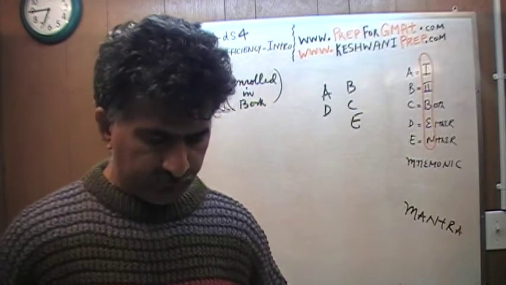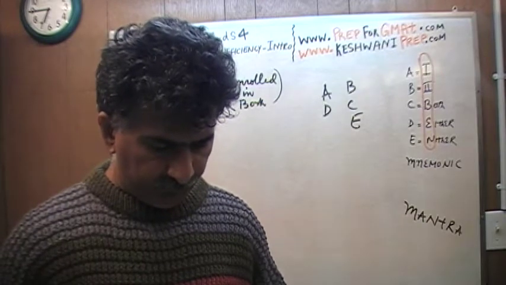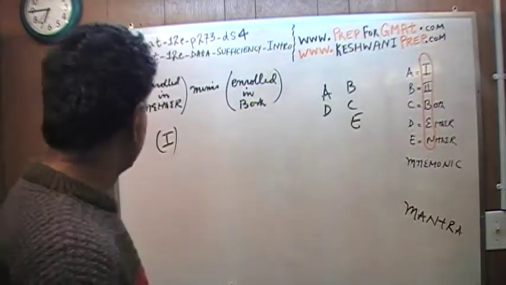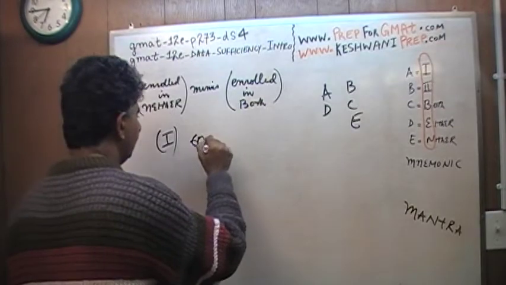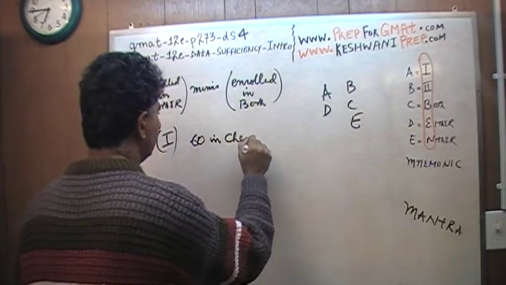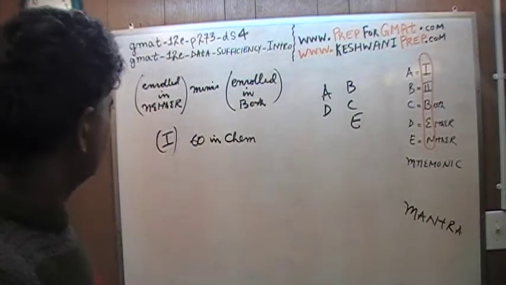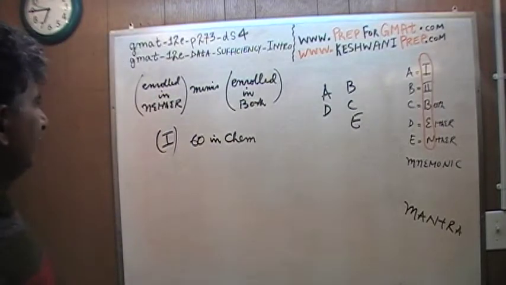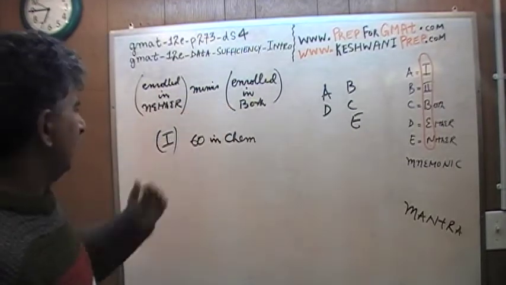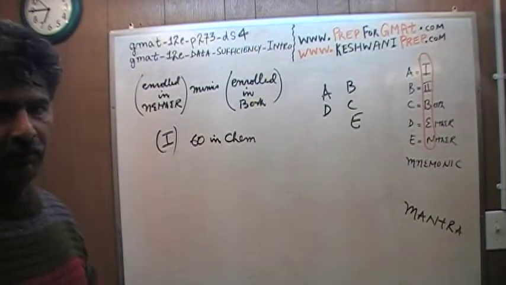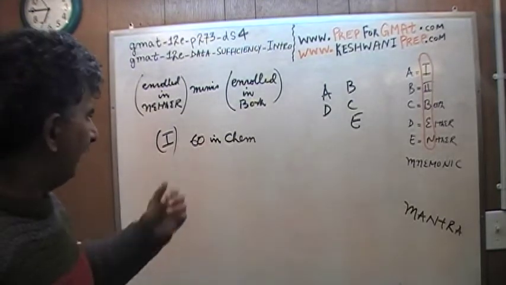The first statement tells us, in the college there are 60 students enrolled in the chemistry course. 60 in chemistry. But does that help us answer the question? Not at all. As a matter of fact, it does not answer either of the parts. For a second you might think that this will at least do half the job.